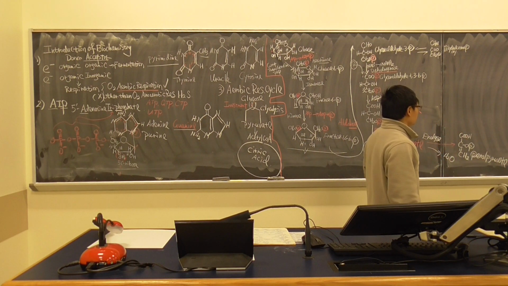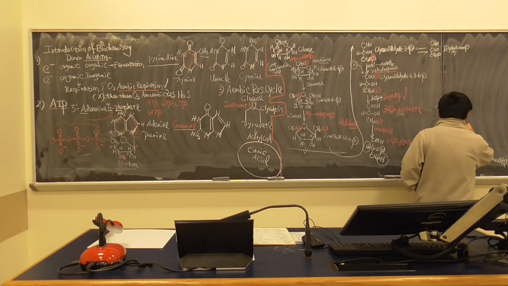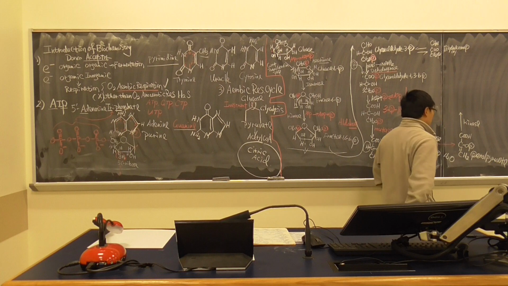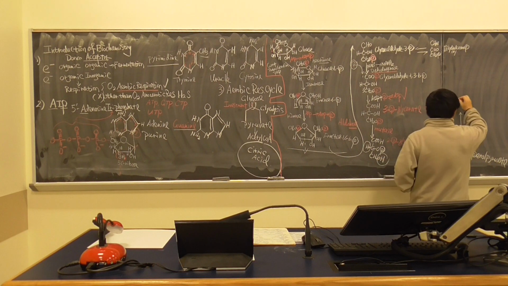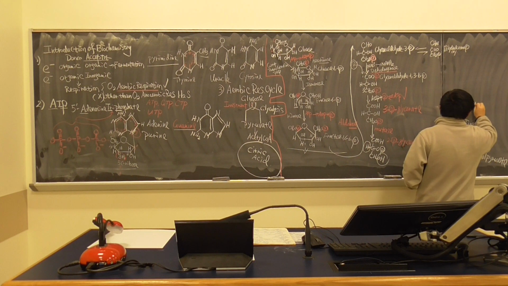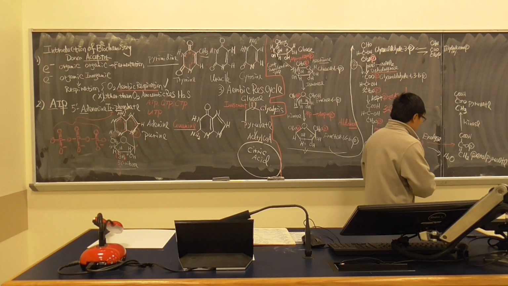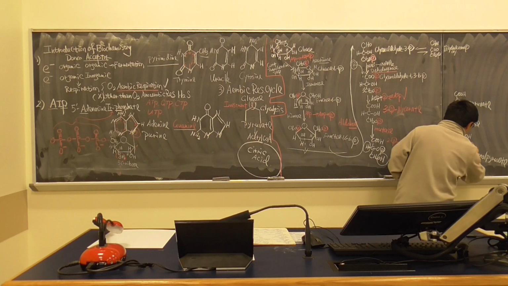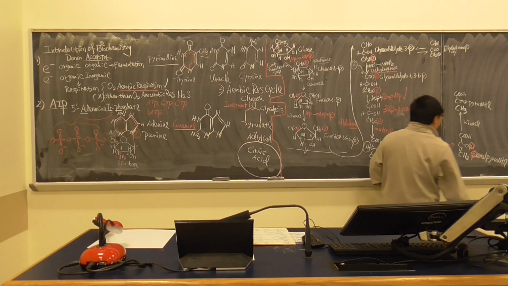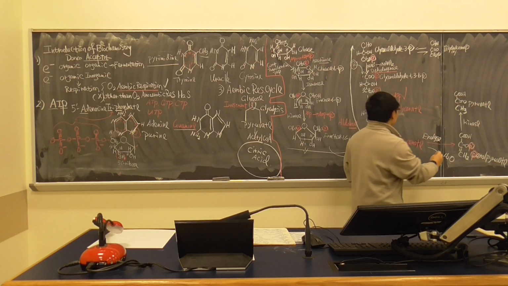This phosphoenolpyruvate is there. We need a kinase. Then it becomes pyruvate. So COOH, C and CH3. This is pyruvate. You have the phosphate here. It's gone. Why is it gone?